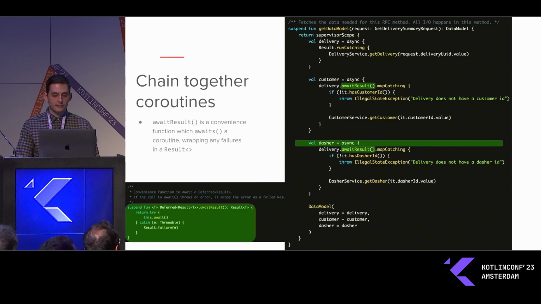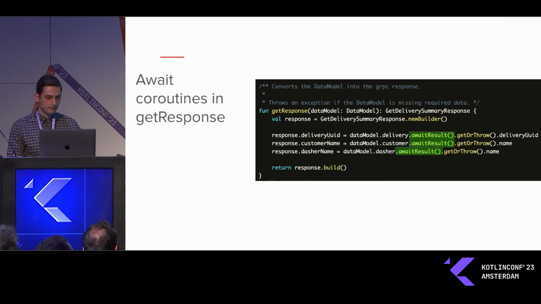Here I've defined a convenience function, awaitResult, which awaits a deferred result, wrapping any coroutine exceptions that happen into that result object. Finally, we need a minor change in getResponse to await the result of the coroutine. So thanks to these changes, each API call is launched asynchronously, and requests will automatically be made in parallel.